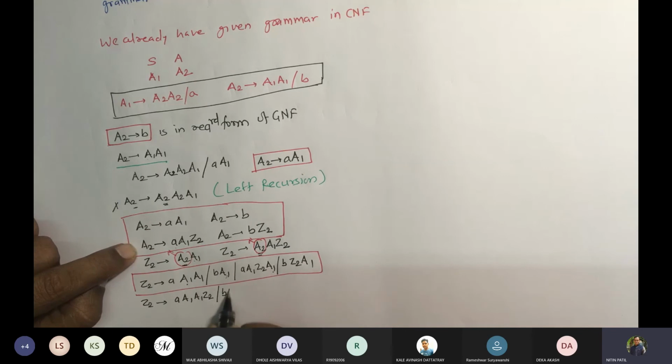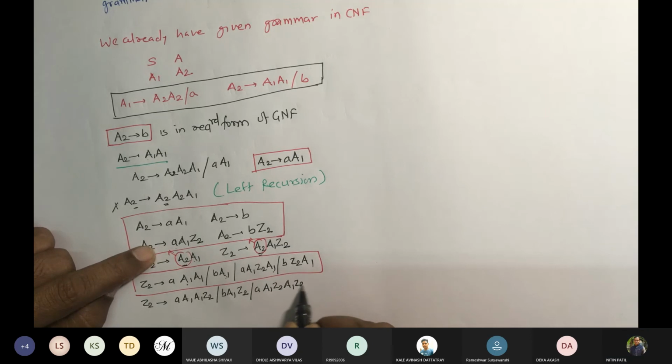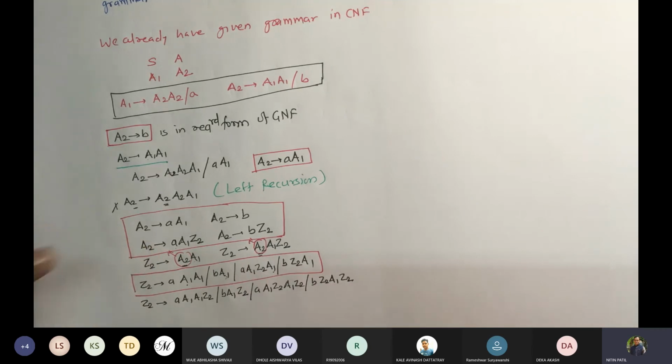Similarly, if I write B A1, let me write Z2. Similarly, A1 Z2. Then I have A1 Z2. Similarly, B Z2 A1, B Z2, and then this A1 and then Z2.